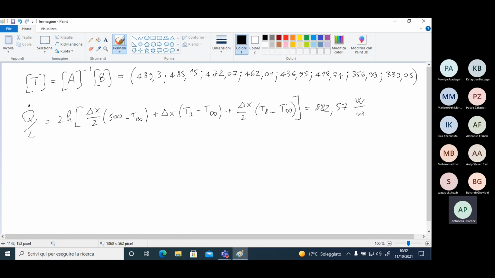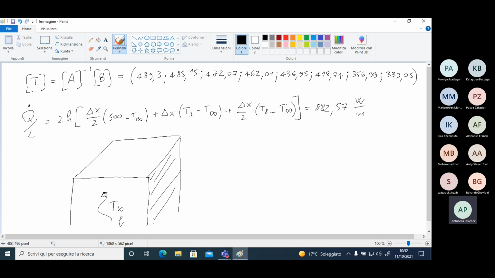I do now the sketch again of the system. I have the column like that. So here I have T infinity, h. This is at 500, and also this one is 500.